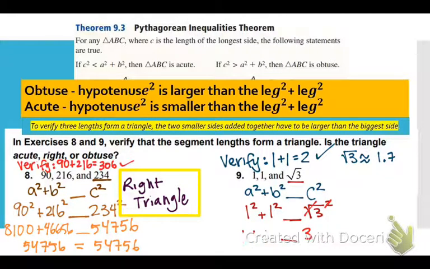All right, and then 1 plus 1 is 2. So here is where you can't just look at the sign. The most common mistake, people are like, oh, well, 2 is less than 3, so it has to be acute. But that's not what you're looking at. Which one of these would represent the hypotenuse, or the longer side? 3. Is it smaller or larger than the leg squared? It is larger, which makes this obtuse.